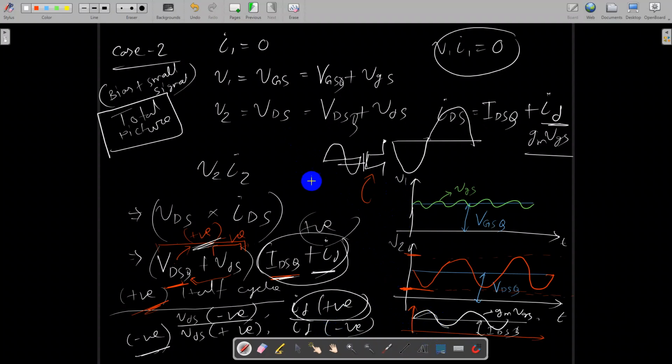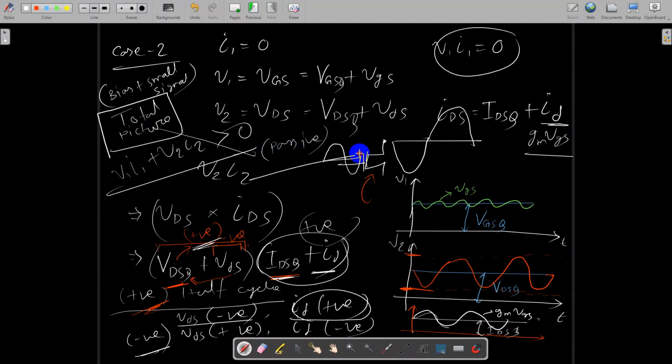So our target is to keep the environment ideal for the MOSFET to act as an ideally controlled current source, a voltage controlled current source, right? VCCS. So in case 2, we can say that V1 I1 plus V2 I2 is greater than 0. Meaning in the total picture, the MOSFET is a passive device.